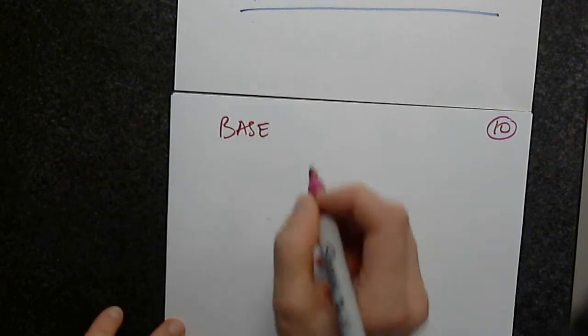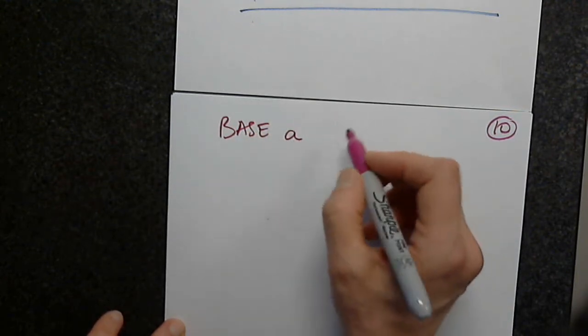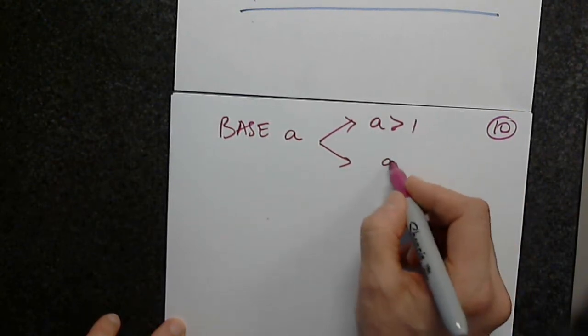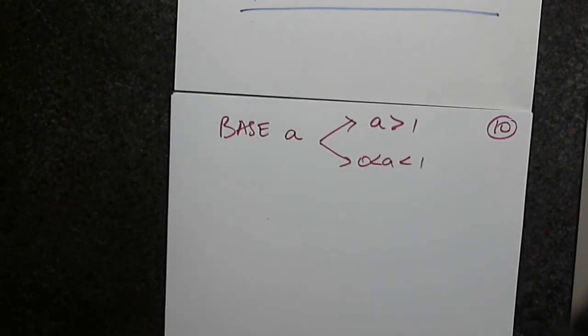The base of the log function is still a. It still has the exact same properties, or two possibilities, like the base of the exponential function, identical situation, either greater than 1 or between 0 and 1. And here's the notation for the log.